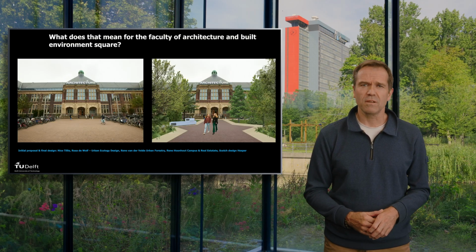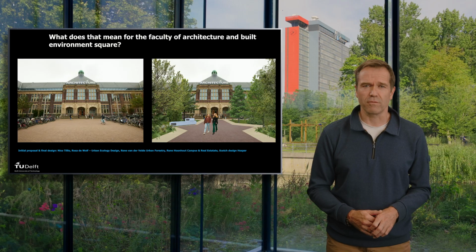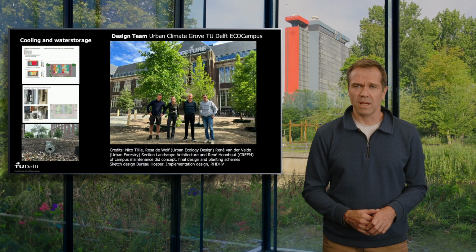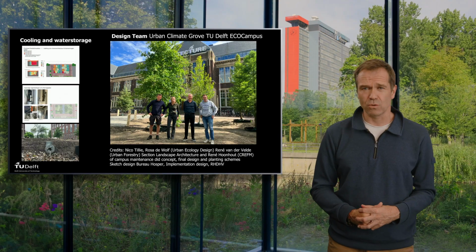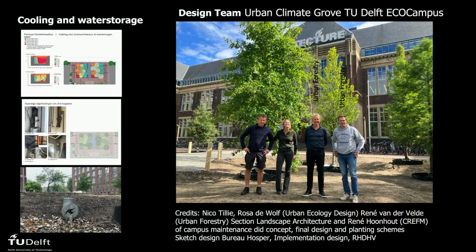So what does that mean for the Faculty of Architecture and the Built Environment Square? Here we combine the heat stress on the square with the trees and their cooling capacity, see for example in the top right corner, and also we link this to storing rainwater, adding an undulating landscape so that the water can be stored in the lower parts and infiltrate.